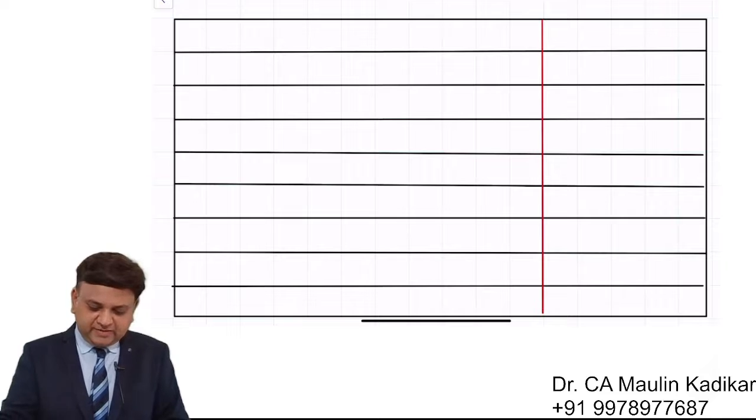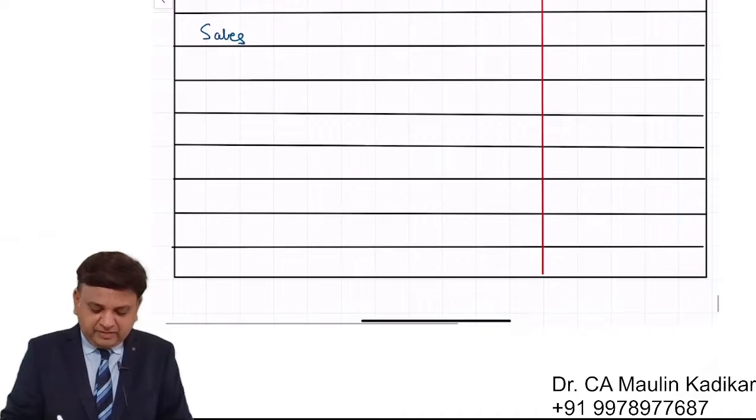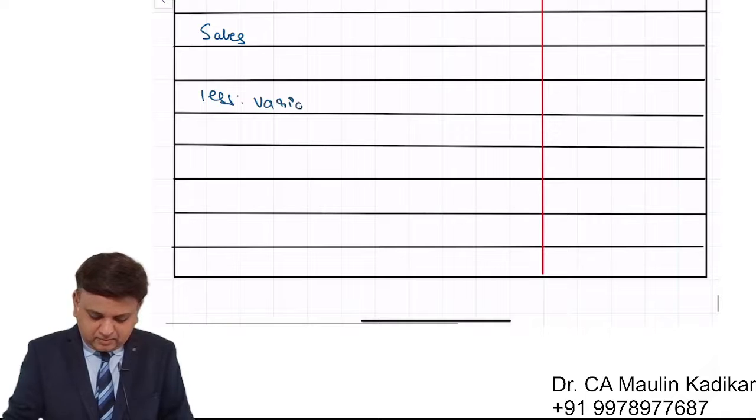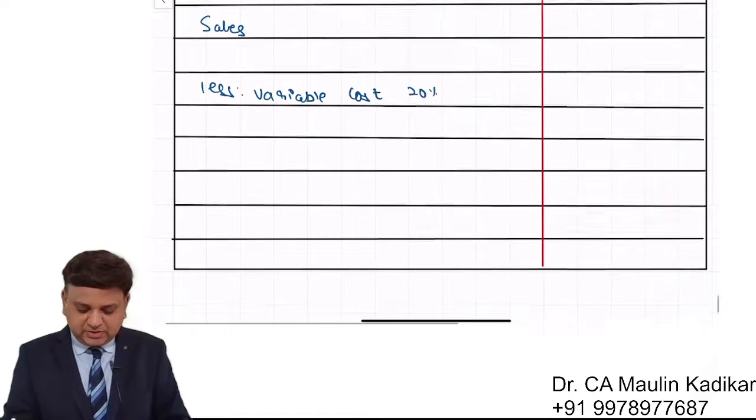So again we start with the sales. From that we will deduct the variable cost. Contribution is 80%, so variable cost is 20%.